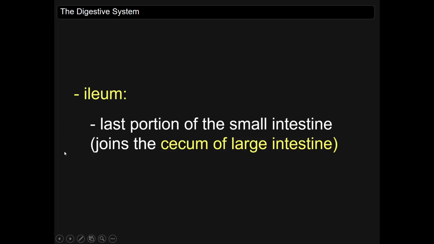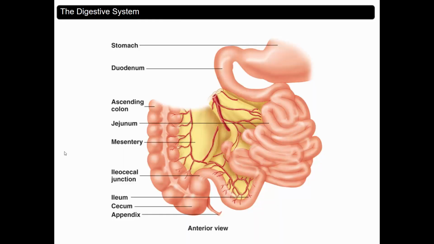All right, so ileum is our last part of the small intestine. It's also about 9-ish feet, give or take a little bit. So we're going to divide it into its regions. Here we have the stomach, we have the pyloric sphincter, and then chyme will be dumped into the duodenum. Again, duodenum is our first part of the small intestine.